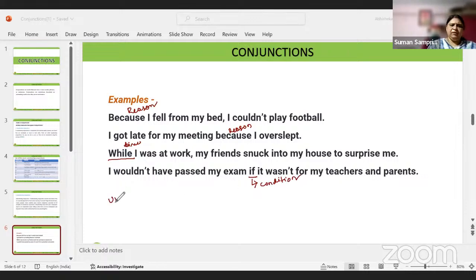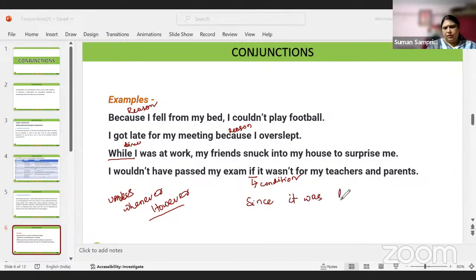Okay. So likewise you will find unless. Whenever, however, right? All these are examples of since. For example, since it was the first class, we were not that comfortable. Okay, so it is making what?